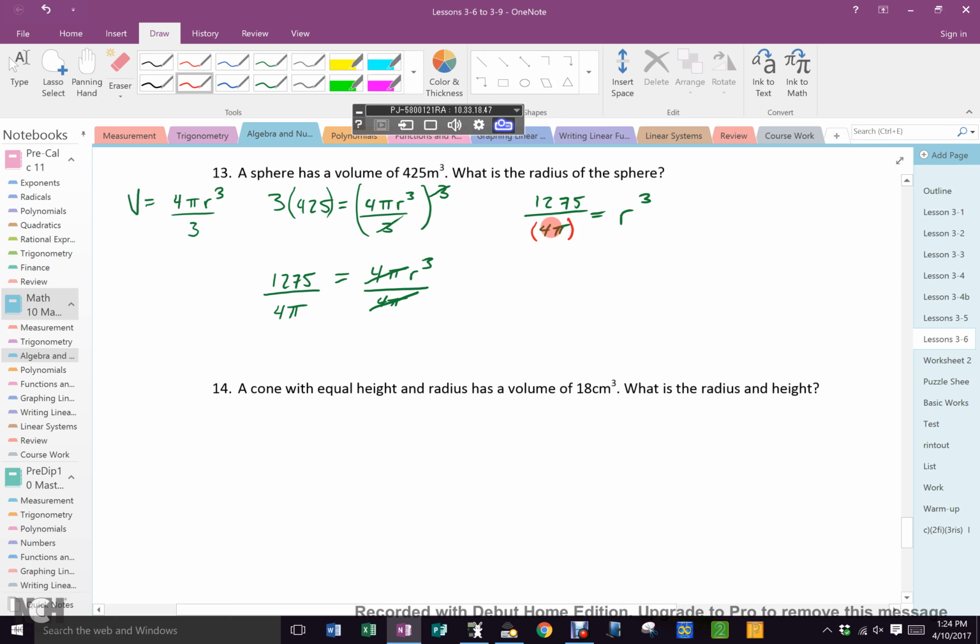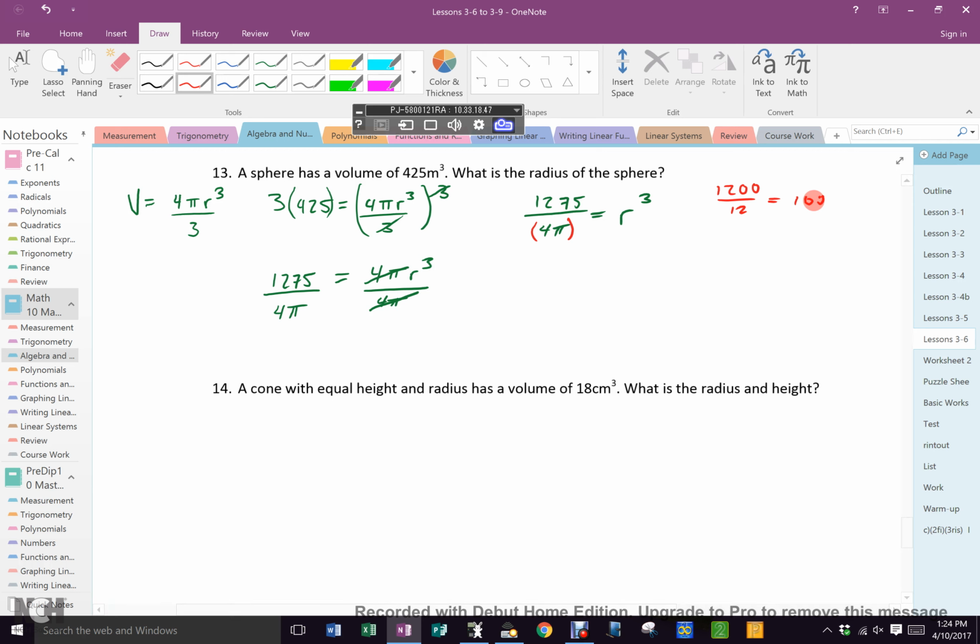What is pi close to? 3. What is 4 times 3? 12. This is 1200 divided by 12, which is pretty close to 100, yes? Agreed? So this side, when I punch into my calculator, had better come out close to 100, yes? Before I even touch it.